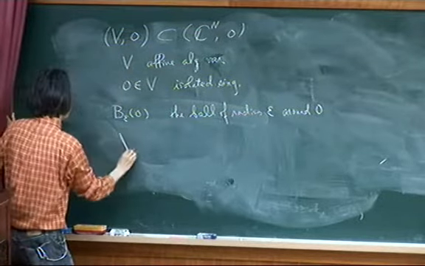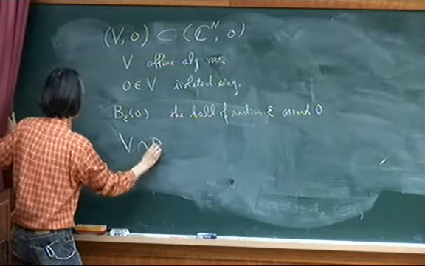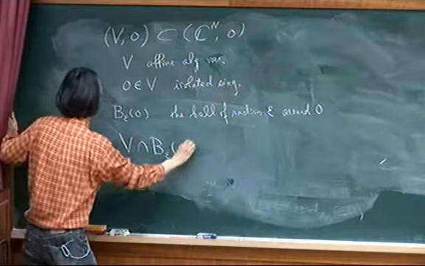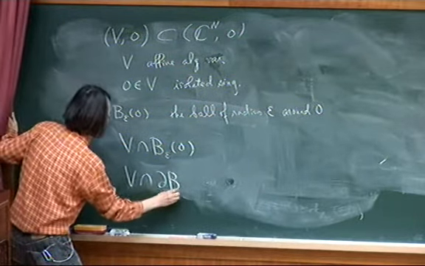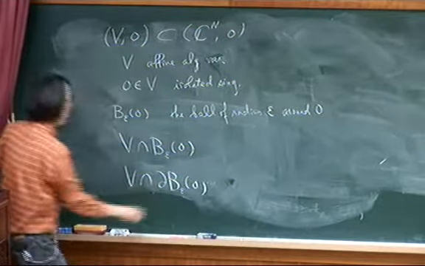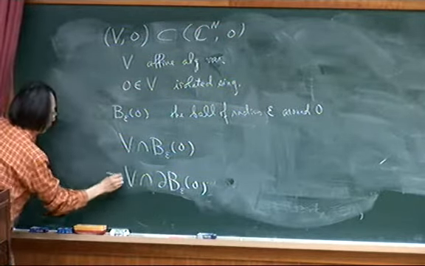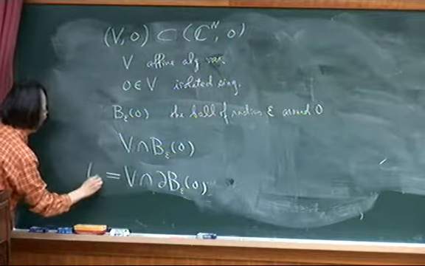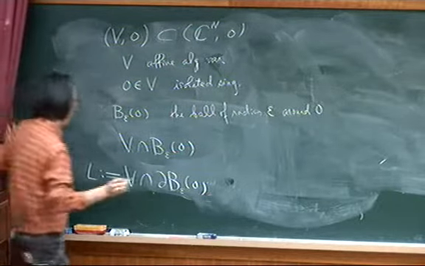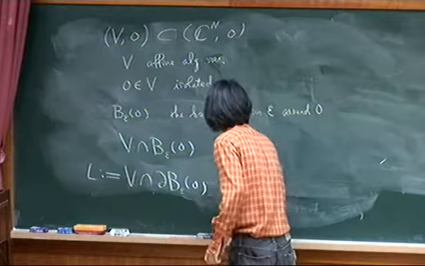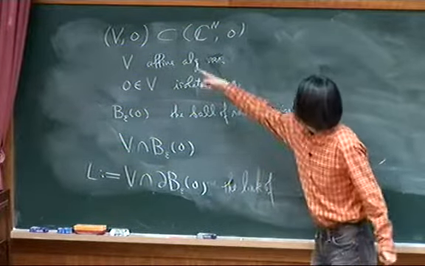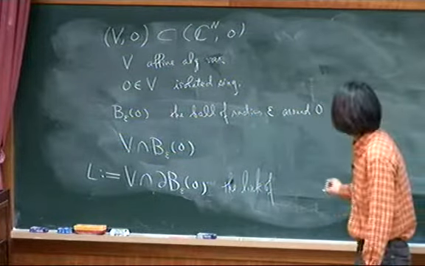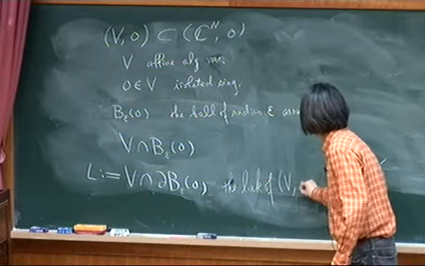So I consider the intersection of this, and also consider the intersection with the boundary of this. Okay. So maybe I denote it by L and call it a link of the isolated singularity (V, 0).